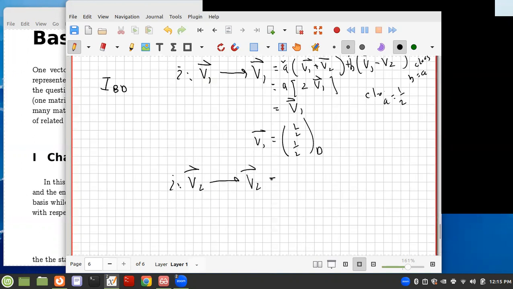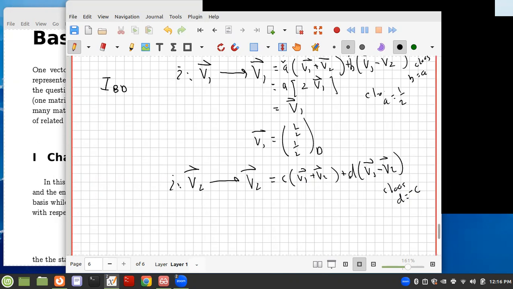And we have to ask, well, that's going to be C times (V1 plus V2) plus D times (V1 minus V2). Now, if we play the same game, we want to get rid of V1. That means we want to choose D equal to minus C.